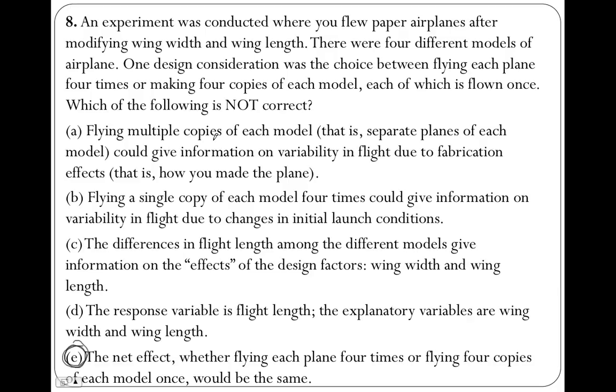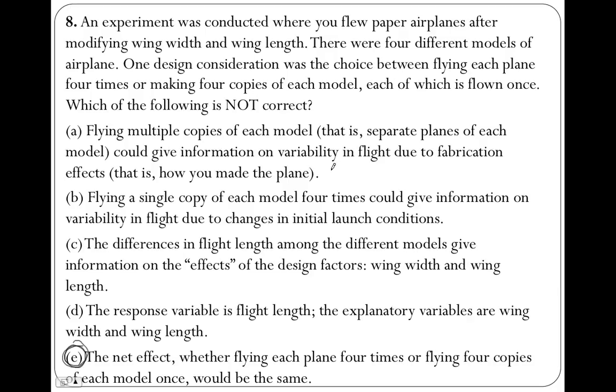If I do multiple copies of each model, that tells me something about how different copies of the model behave differently. Meaning if I make the same model plane twice, it's not going to be exactly the same. So it says give you information on variability due to fabrication effects. That makes sense. A sounds good to me.